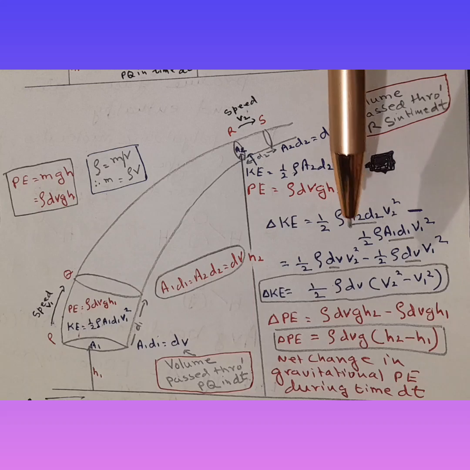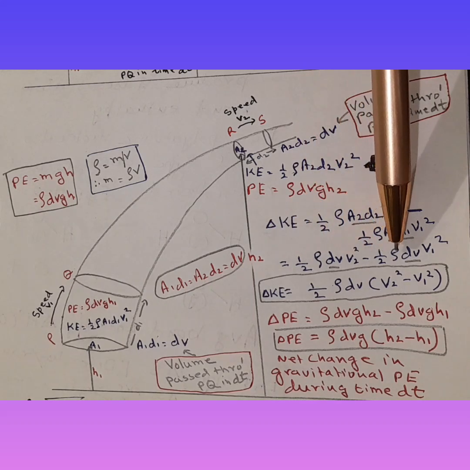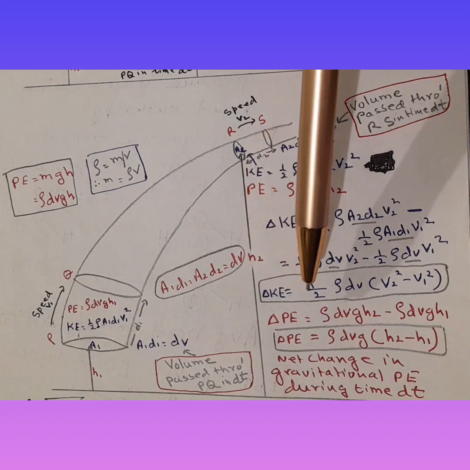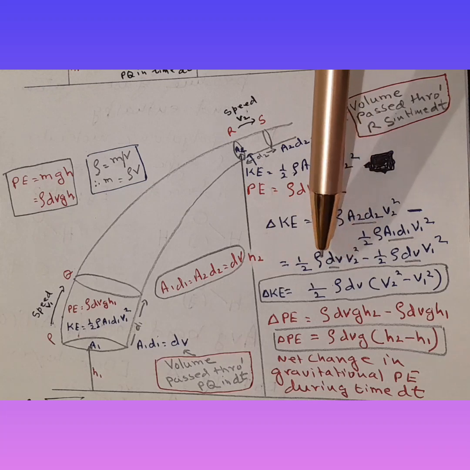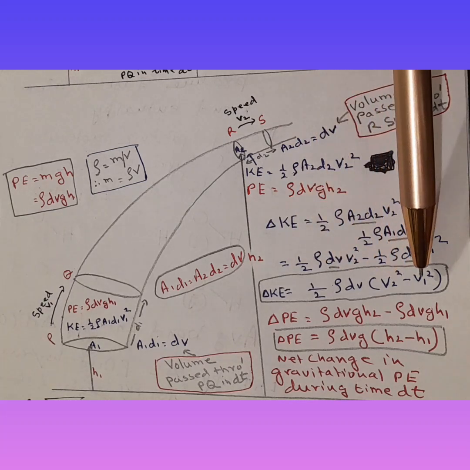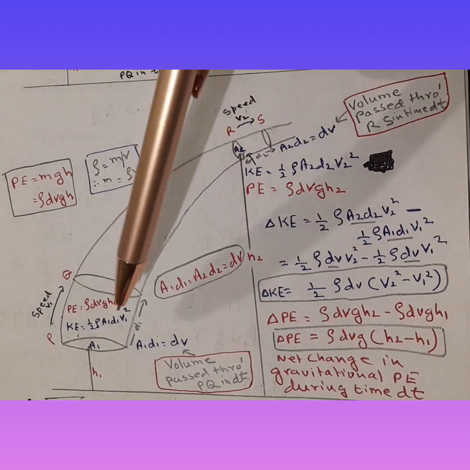So this becomes dV. So half rho dV v2 square minus half rho dV v1 square. Alright, so when we do it, we can take half rho dV as common. So it becomes v2 square minus v1 square. This becomes the formula for change in kinetic energy from here to here.